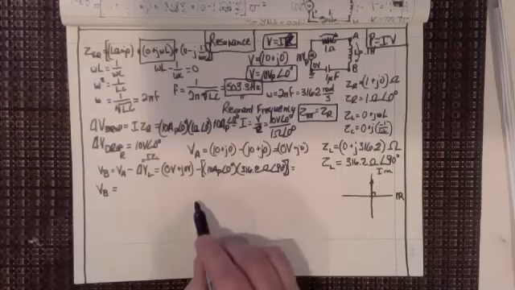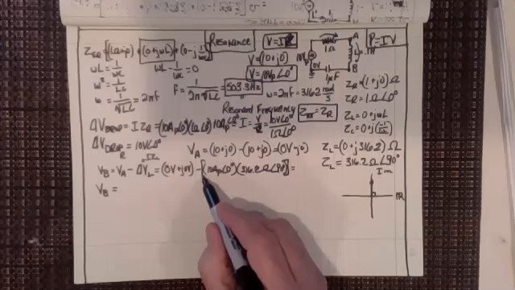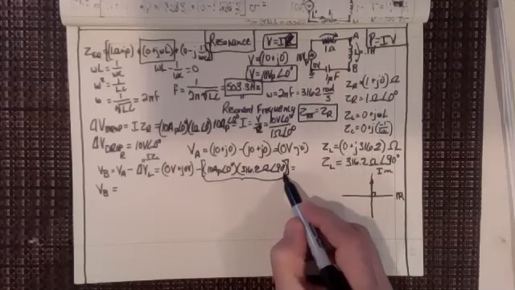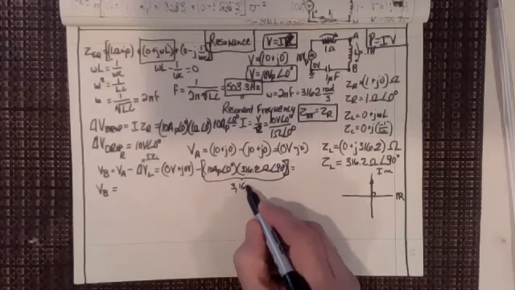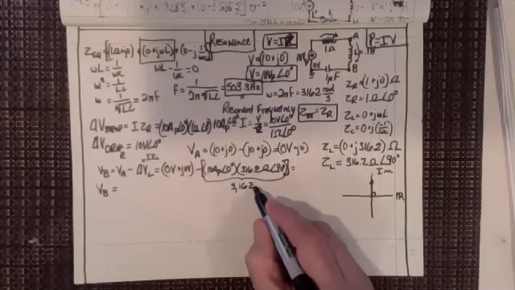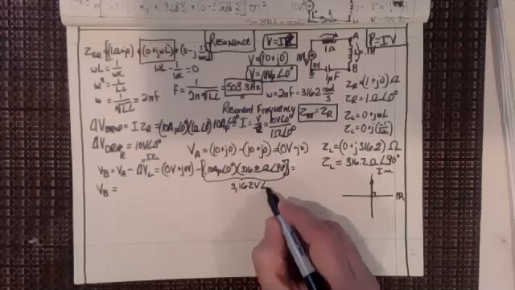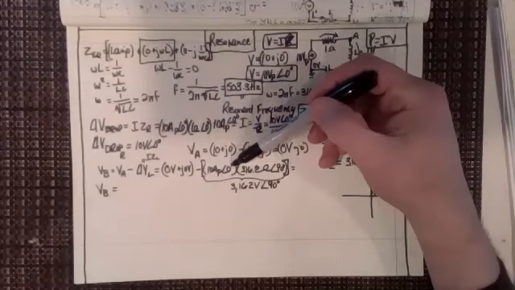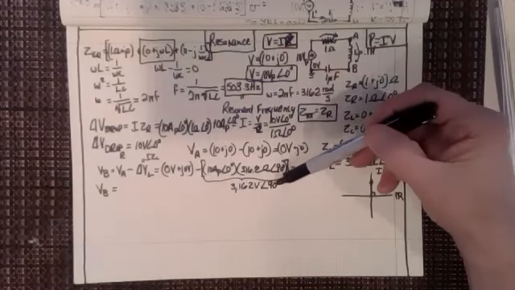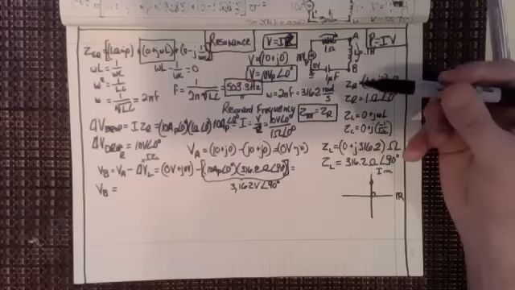Now, let's just look at that all by itself. That is 3,162 volts at an angle of 90 degrees. Does everyone see why it's 90 degrees? It's 0 degrees plus 90 degrees gives me 90 degrees.